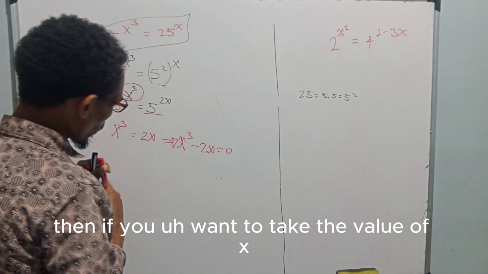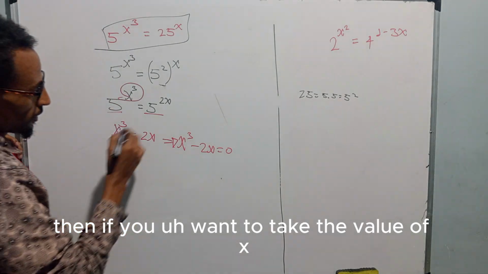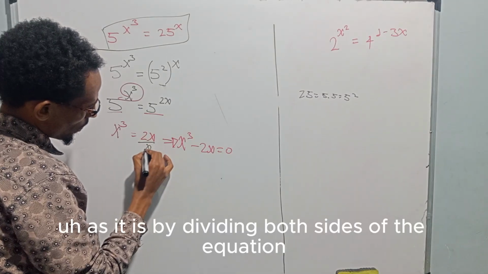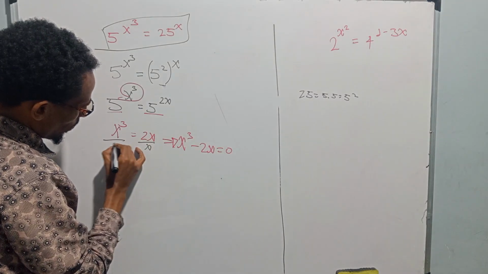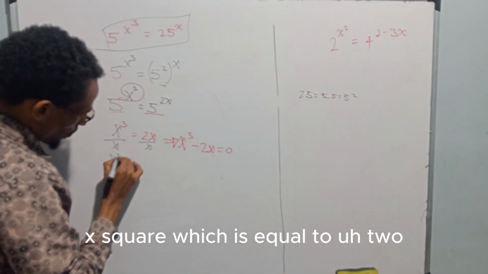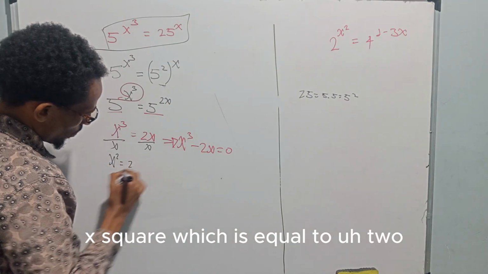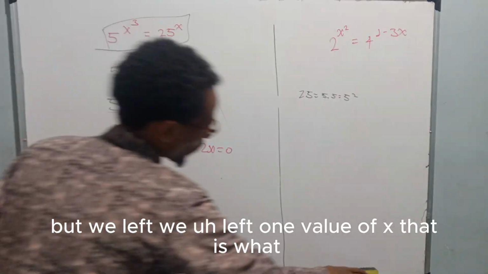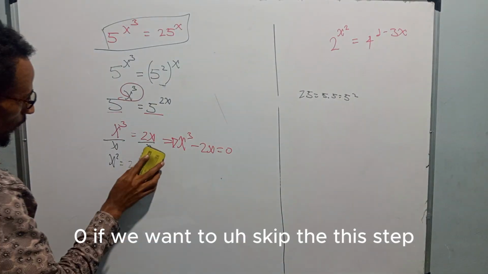Then, if you want to take the value of x as it is by dividing both sides of the equation by x, we get x squared equal to 2. But we left one value of x, that is 0.